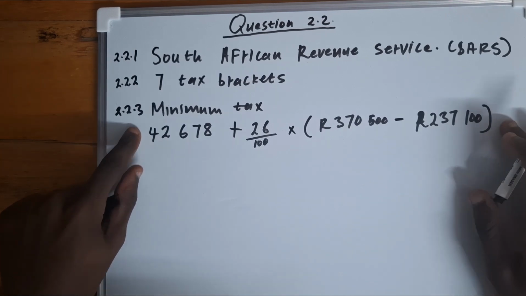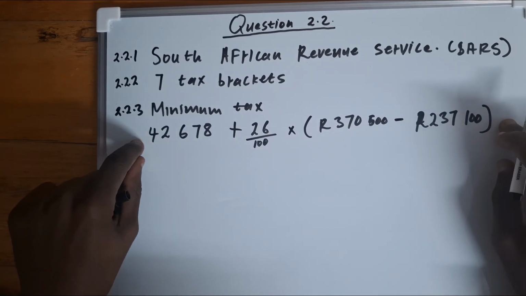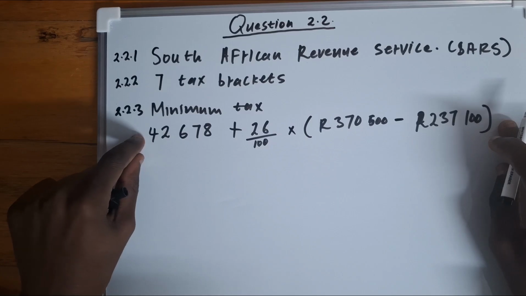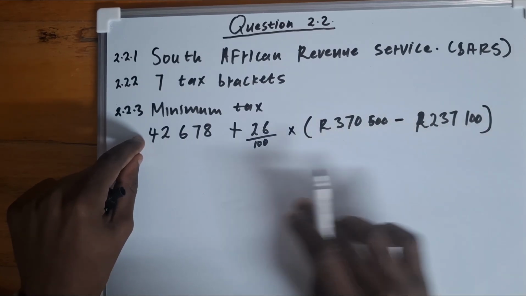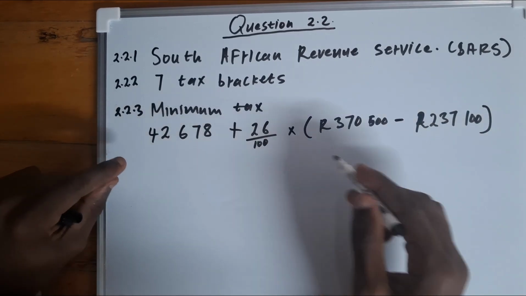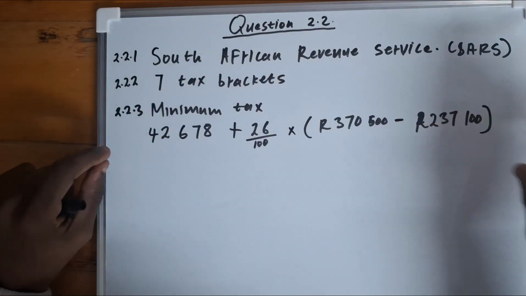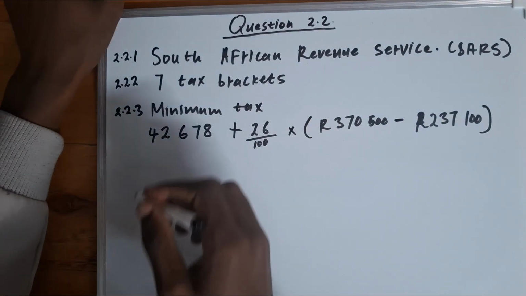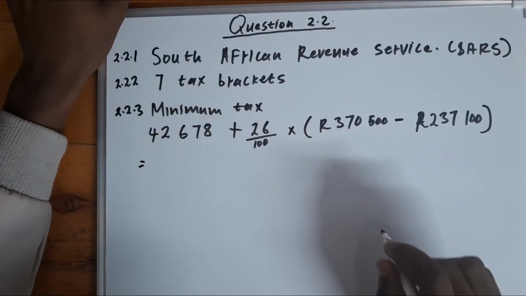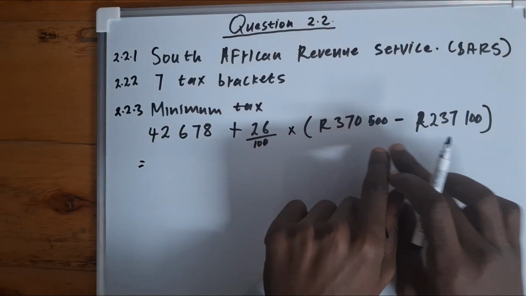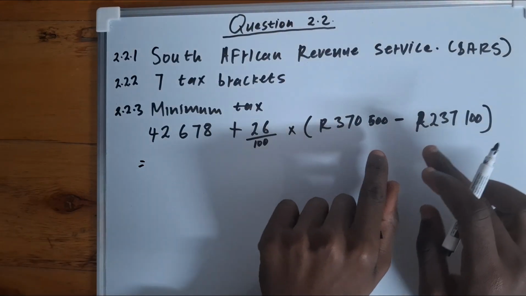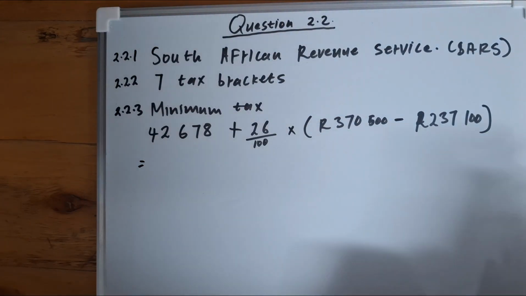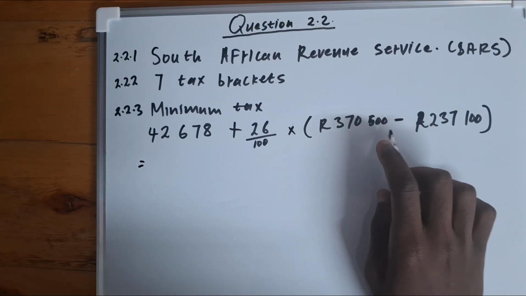But in order to get your marks in full, you must actually write this in full, but not just punch this onto your calculator. So in order to write this in full, we can actually go ahead and look at what's in our bracket, and we then subtract these two.